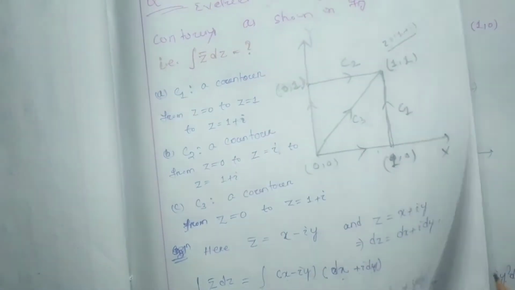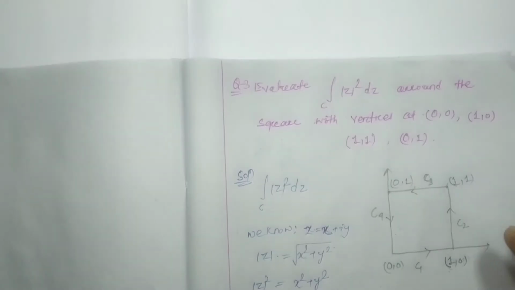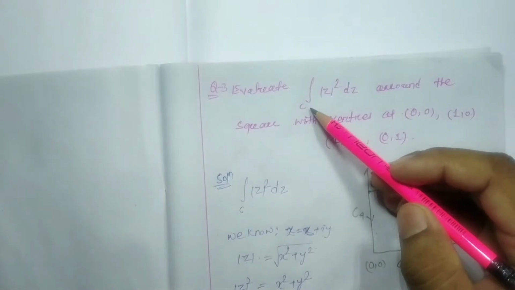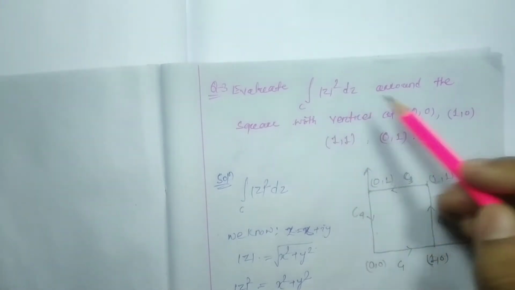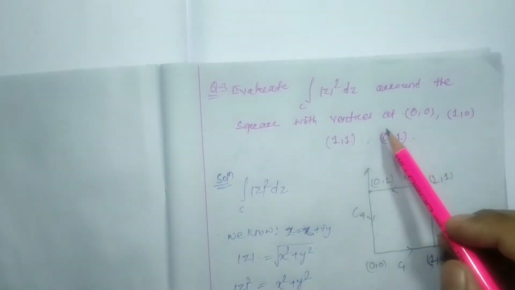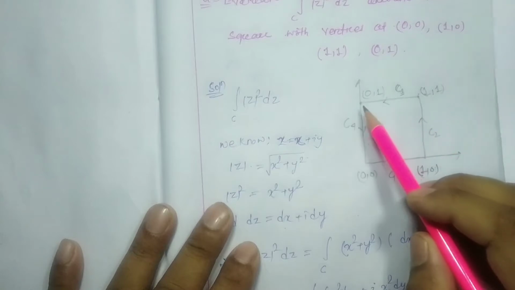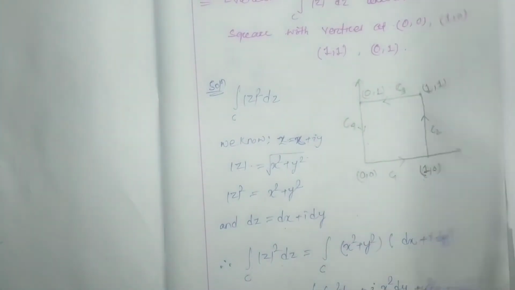We also discussed another question, the integration of z mod square dz along a contour around the square with vertices (0,0), (1,0), (1,1) and (0,1).